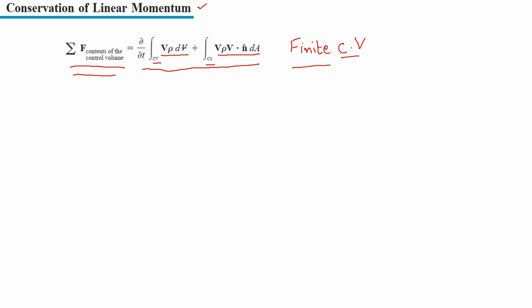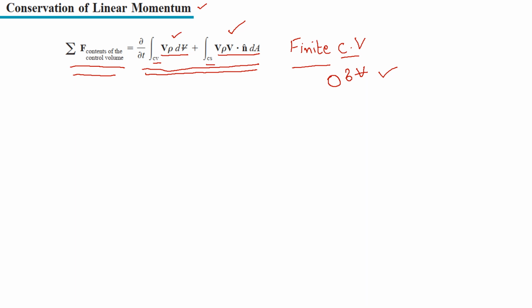If we take the right hand side, this right hand side can be applied for a very small control volume. Means if this is a very small control volume, that is delta V, this right hand side can also be applied to this small control volume. For an infinitesimal amount of control volume, this right hand side will remain the same, and it will again contain the term for the partial change in momentum with respect to time inside the control volume.